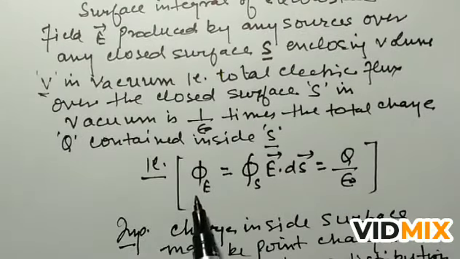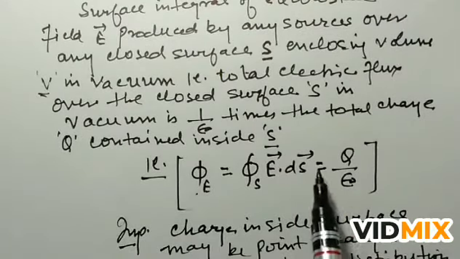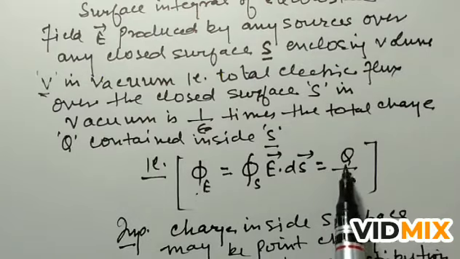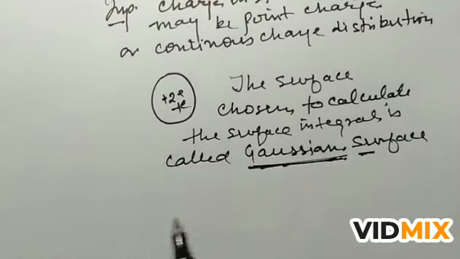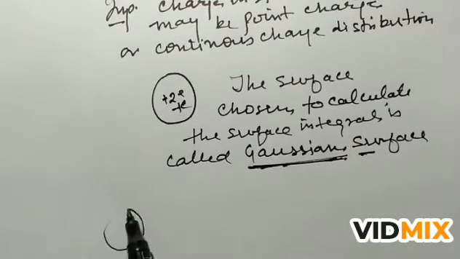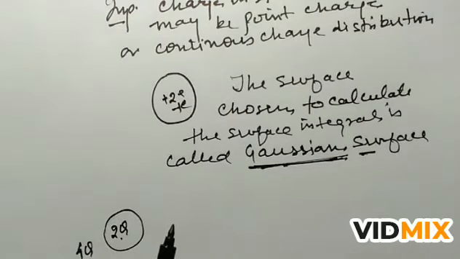So this is Gauss theorem. The total flux passing through any closed surface is 1 by epsilon naught times the charge present inside the surface. Now if the question is, suppose there is 2Q charge inside the surface and 4Q charge outside the surface, what is the total flux from the surface?